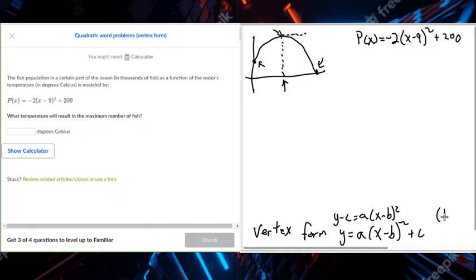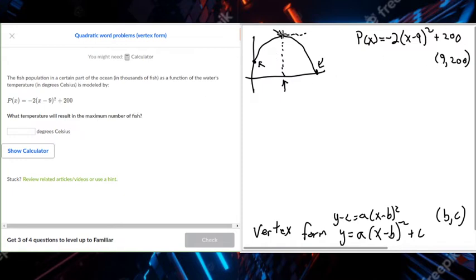Our vertex is at (b, c), the x value, the y value. So we can see our vertex for this is going to be at (9, 200).